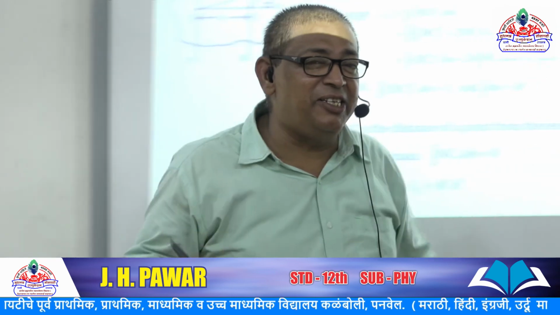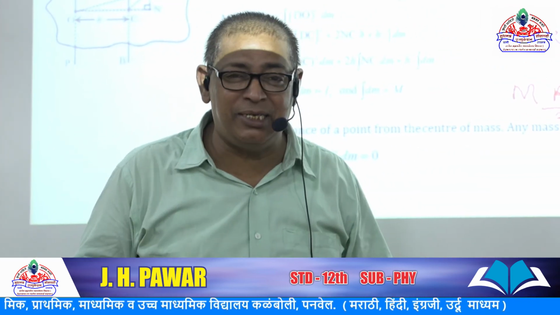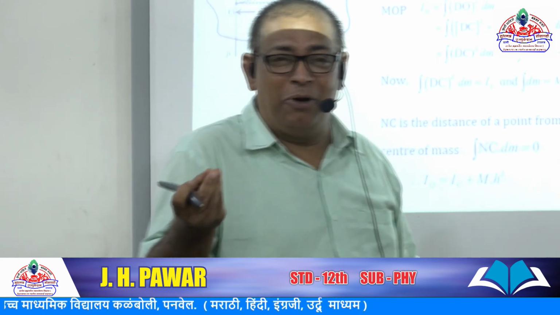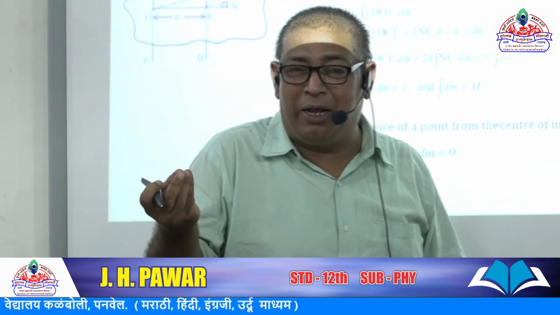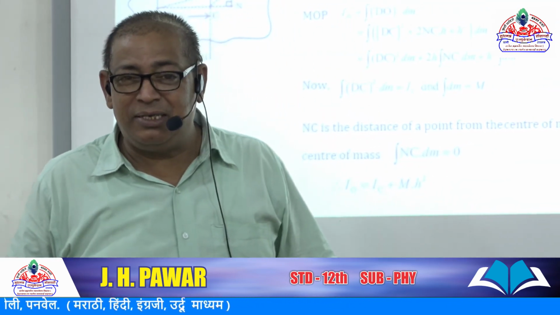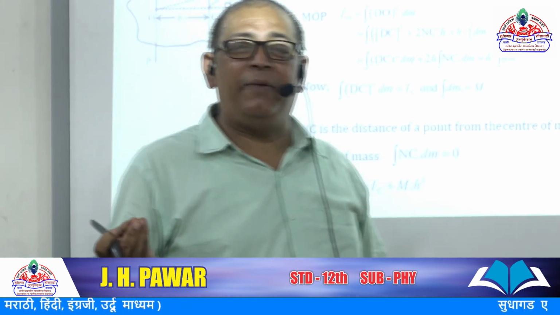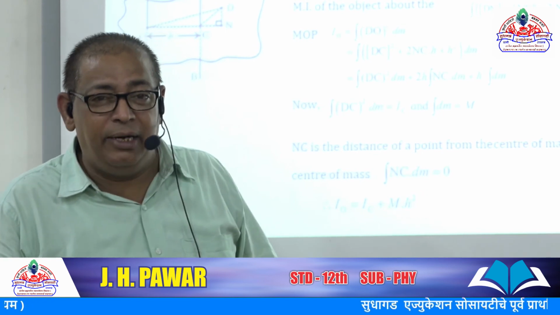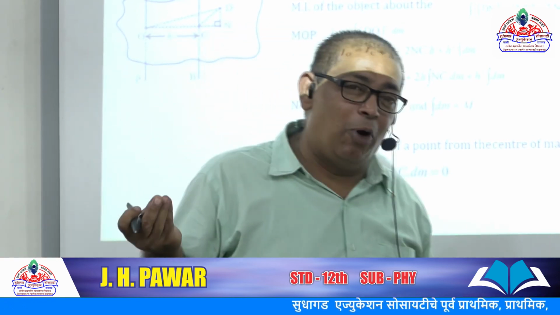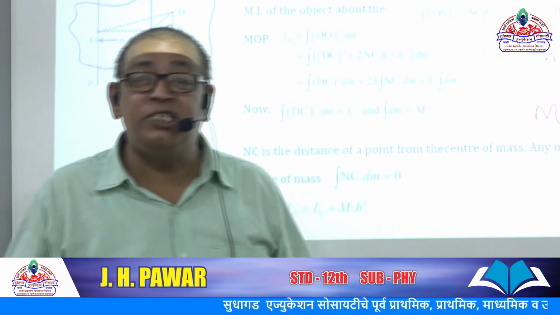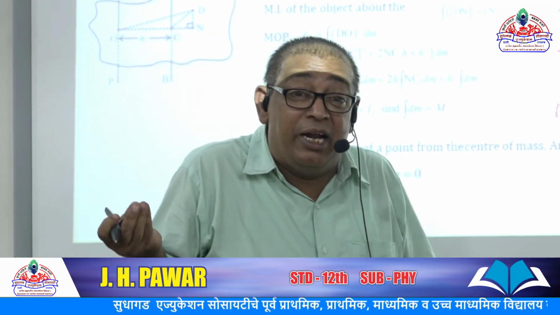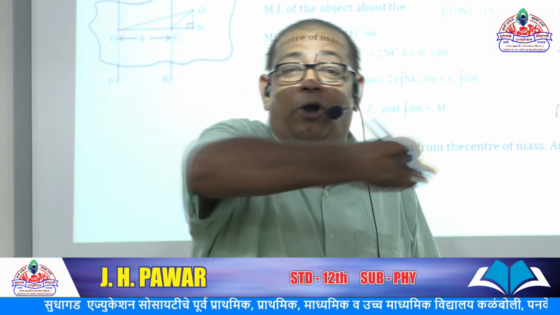One definition is there, not included in your syllabus: the radius of gyration of a body about a given axis of rotation is defined as the distance between the axis of rotation and the point at which the whole mass of the body can be supposed to be concentrated so as to possess the same moment of inertia as that of the body.